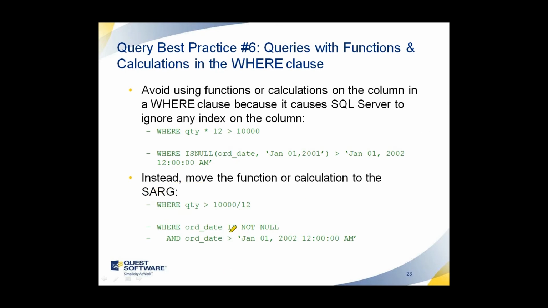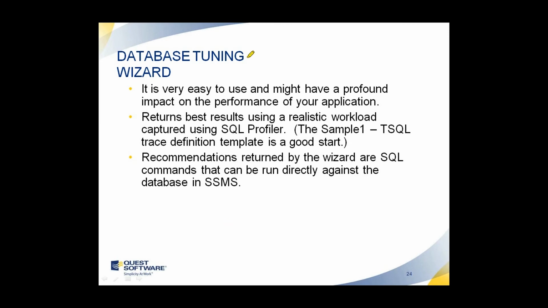All right. So we're getting close to finishing up here. In the old version of SQL Server, there was something called the Index Tuning Wizard. It's now called the Database Tuning Wizard, and it's much better in SQL 2008. In earlier versions of SQL Server, I would not recommend that you use it.